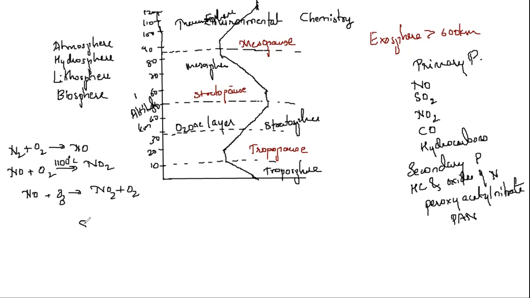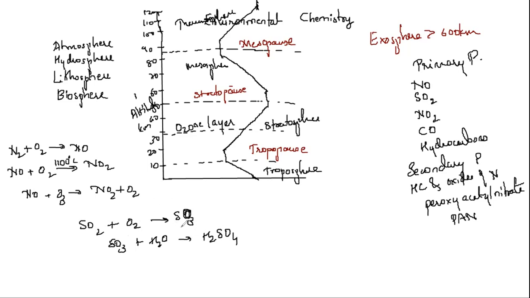Even sulfur dioxide combines with oxygen and forms sulfur trioxide. This is also a pollutant in the atmosphere. Now you may ask how it is a pollutant. When it combines with rainwater, it forms H2SO4. It makes rainwater more acidic.